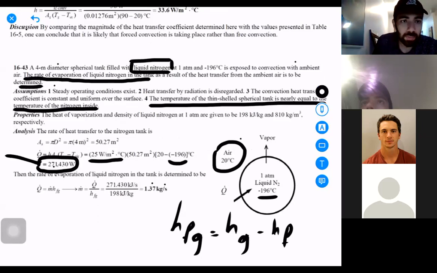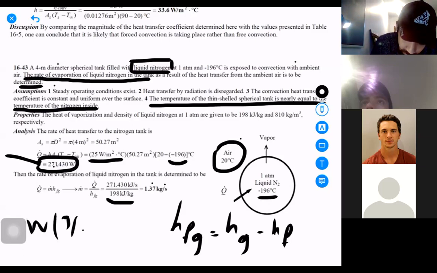So the evaporation heat that we found from the table was 198 kilojoule over kilogram. And the heat rate that we found for convection is equal to 271,000 watts. And we know that watt is joule over second.